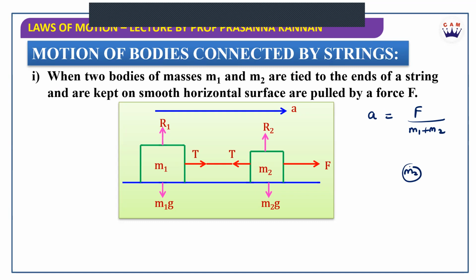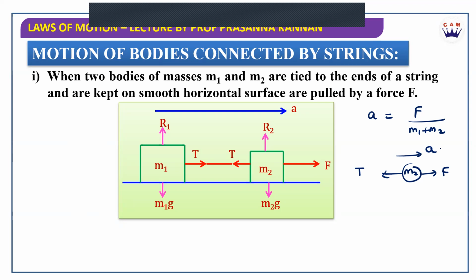Now let's draw the free body diagram of M2. Along the x-axis you draw. Can you tell me what are the forces acting on M2? Capital F and tension. The body is moving to the right.